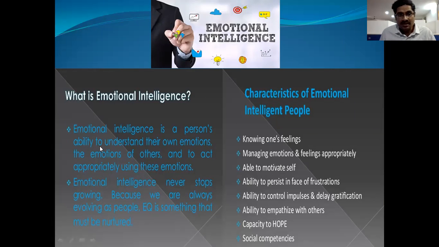So that is the person's ability to understand their own emotions as well as the emotions of others, own emotions and other emotions. These are the major important things we need to understand here. First of all, understanding our own emotions and understanding others' emotions.